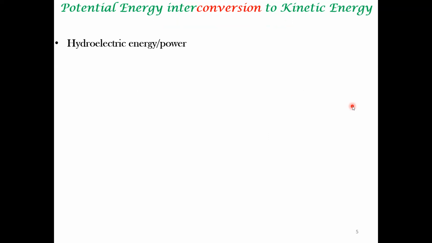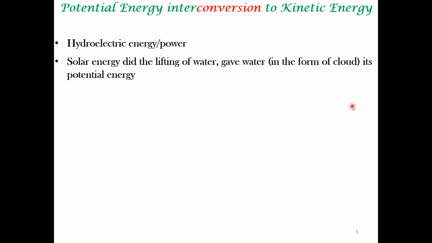For example, if you look at a hydroelectric energy conversion device, there is actually this interconversion of potential energy into kinetic energy. So who is giving you the kinetic energy? Actually, solar energy did all the lifting for you. Okay, so it lifted the water, gave water its potential energy in the form of clouds, right?